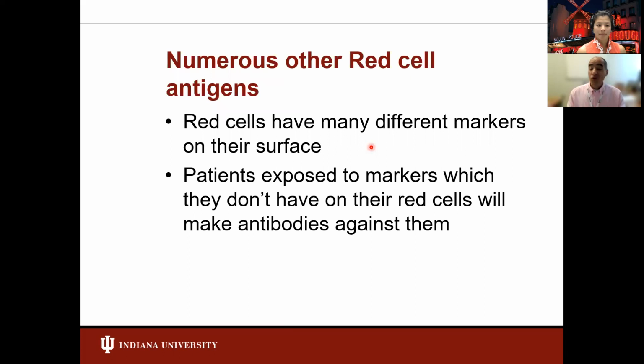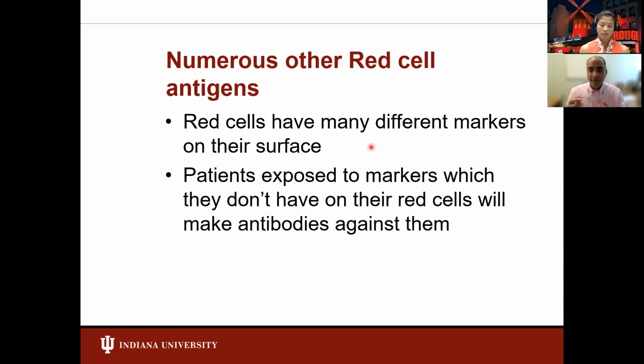Now, there are all these other little flags or markers or antigens on the red blood cells. And everybody is much, much different in how they have those antigens. That's why every time they do a blood transfusion on somebody, they need to do this type and cross, because they're screening for some of these other antigens that are so variable.